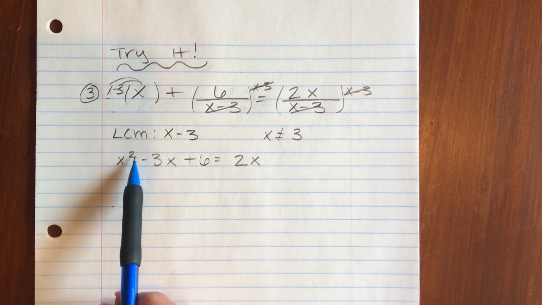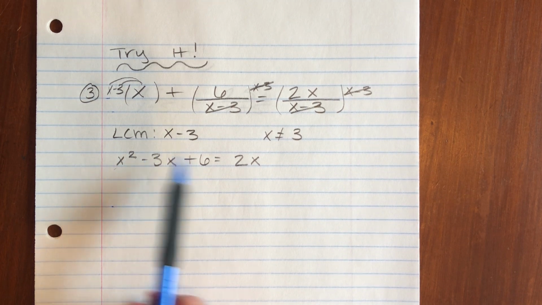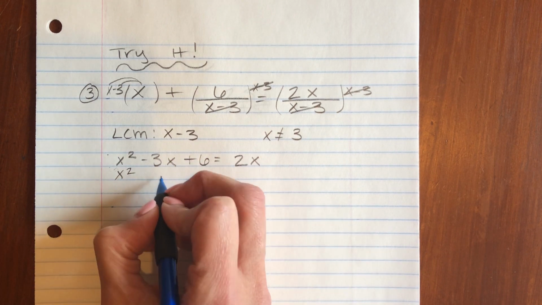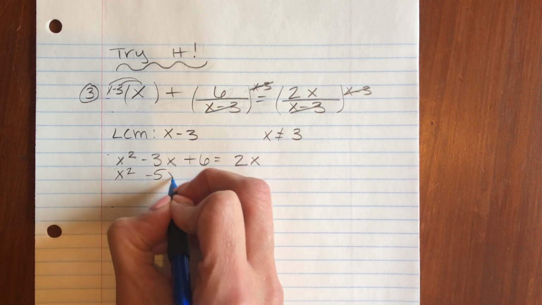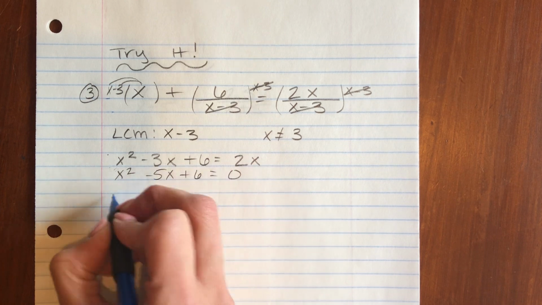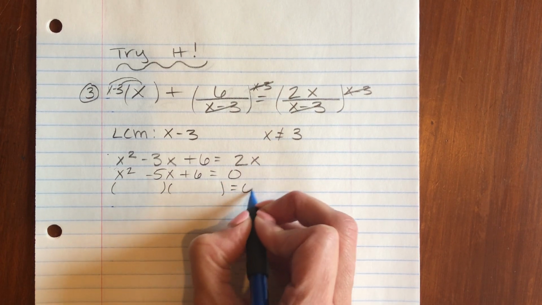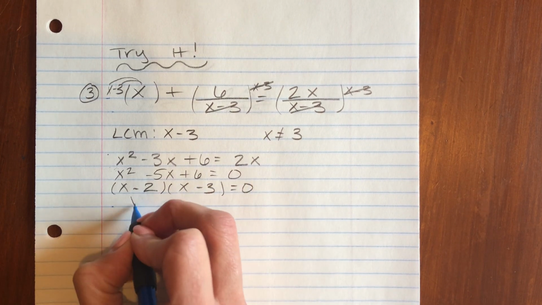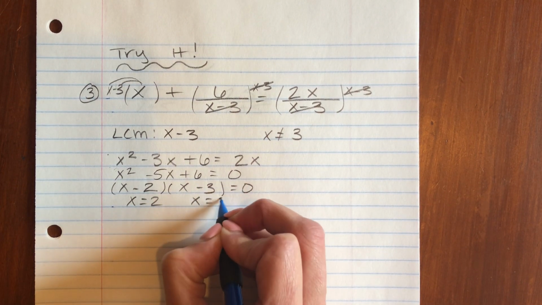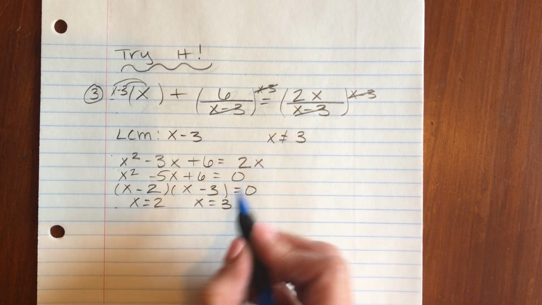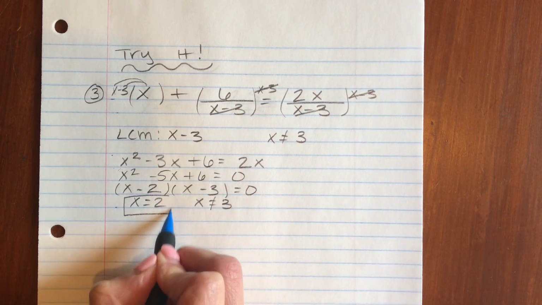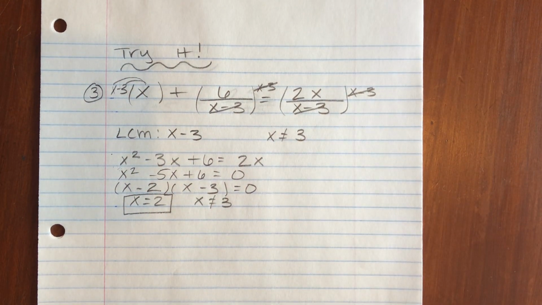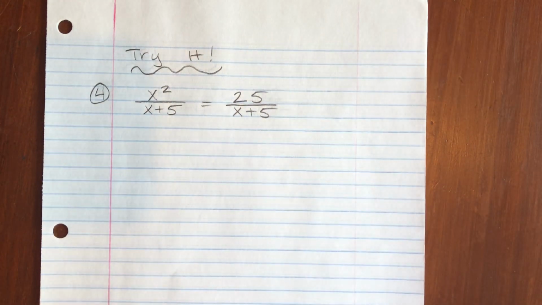I notice it is a quadratic. That x squared tells me to get everything set equal to 0. So I'm going to subtract that 2x, factor, so x is 2 or x is 3, but it can't be 3. So final answer, x equals 2. Let's try another one.